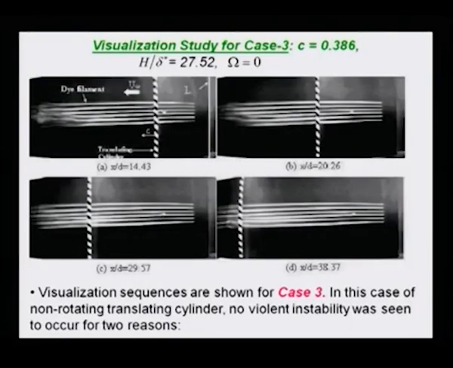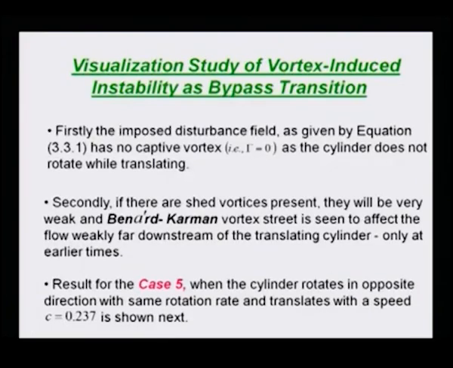Okay. So, that is what we are saying: in this case of the non-rotating translating cylinder, we do not see any violent instability, for two reasons. Firstly, the imposed disturbance field as given by that equation has no captive vortex, gamma equal to 0, because the cylinder does not rotate while translating. Secondly, even if there are shed vortices, they will be very weak, and the corresponding Bénard-Kármán vortex is seen to affect the flow very weakly at far downstream locations. Why does it affect farther downstream locations?